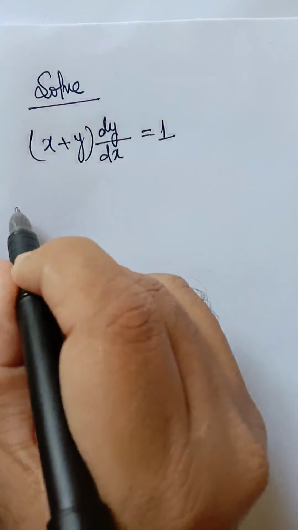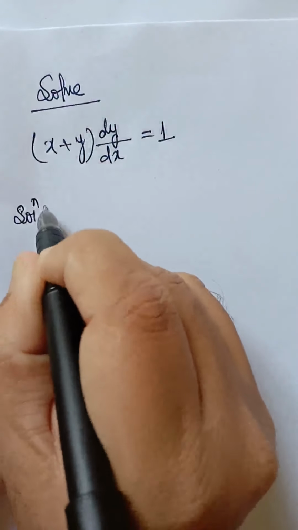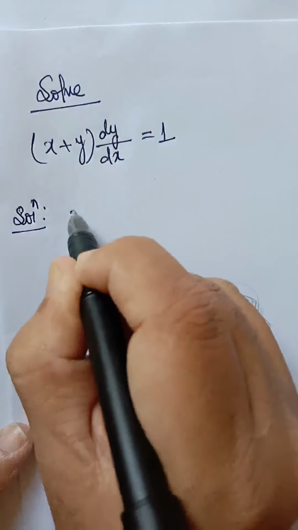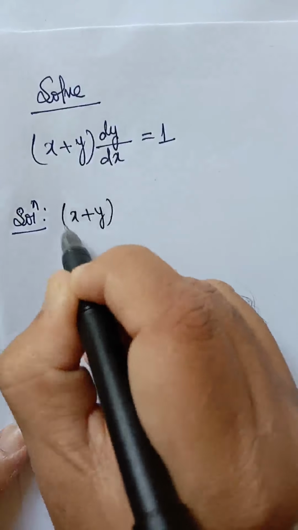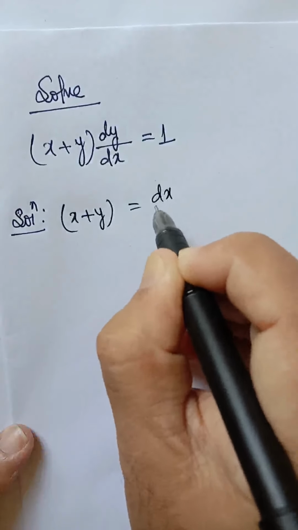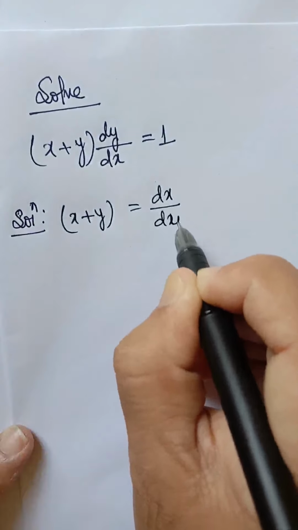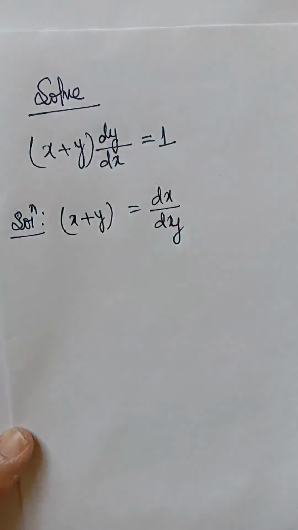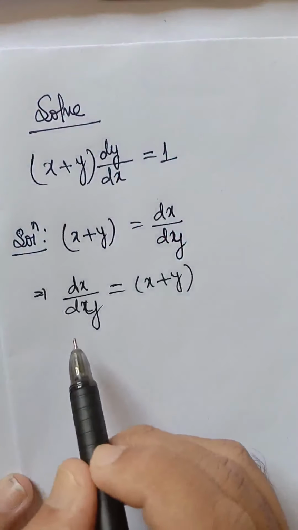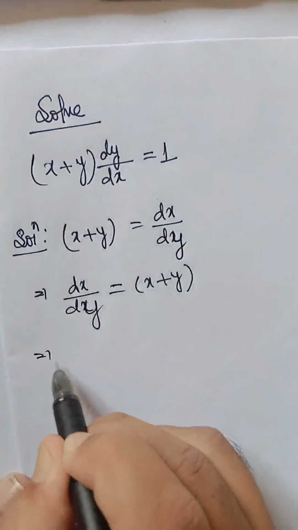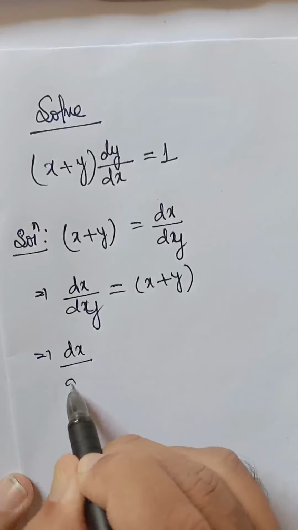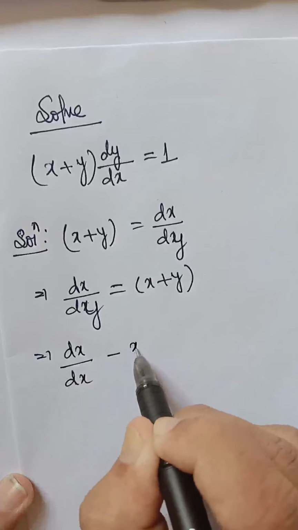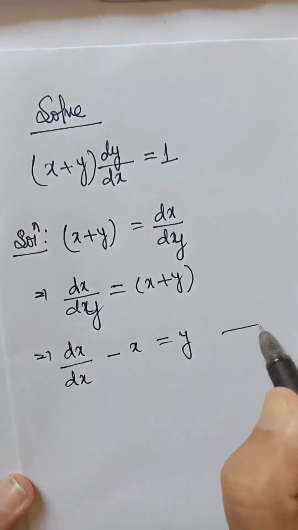So we will try to express it in the second form. x plus y equal to dx by dy, and now dx dy equal to x plus y will give us dx dy minus x equal to y.